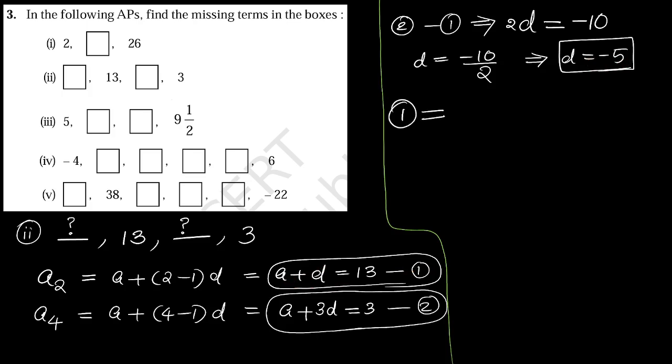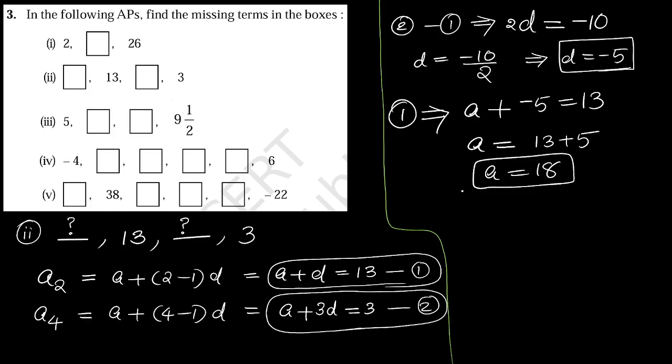The first equation: A I don't know, plus D, which is minus 5, equals 13. This minus 5 goes to the other side. A equals 18.